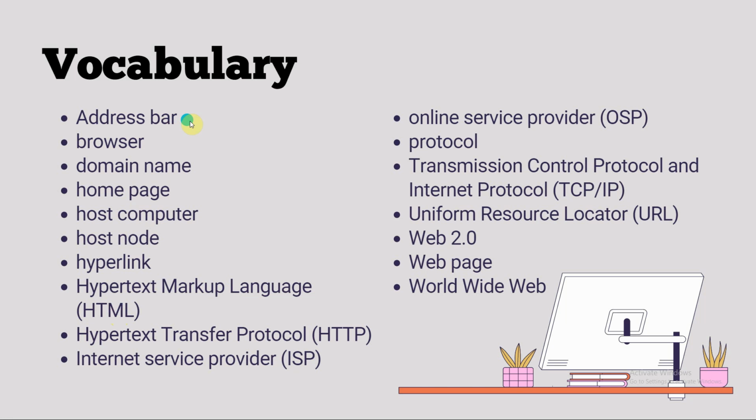The basic ones are address bar, browser, domain name, home page, host computer, host node, hyperlink, and also HTTP or the hypertext transfer protocol, the ISP or the internet service provider, the OSP, the online service provider, the basic term of protocol compared to earlier. We also have TCP/IP or the transmission control protocol and internet protocol, and we also have URL or the uniform resource locator, the term web 2.0, the web page term, and the World Wide Web.